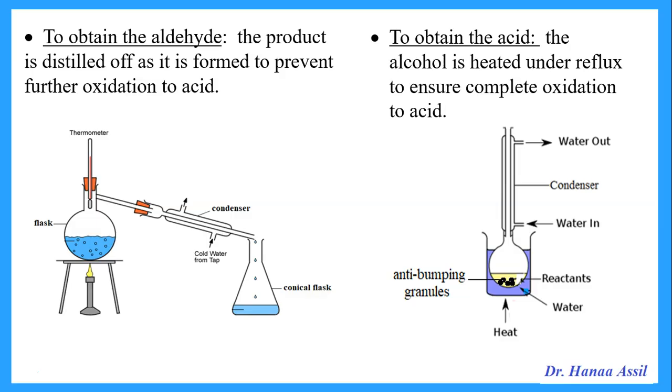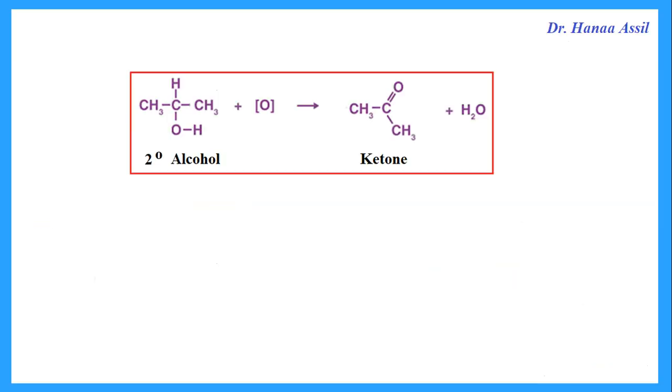If I heat the alcohol for a long time, it would evaporate. This kind of setup prevents the alcohol from evaporation. As the alcohol evaporates, it is cooled and condensed and returned back to the flask so that we continue heating it until it is completely oxidized to acid.